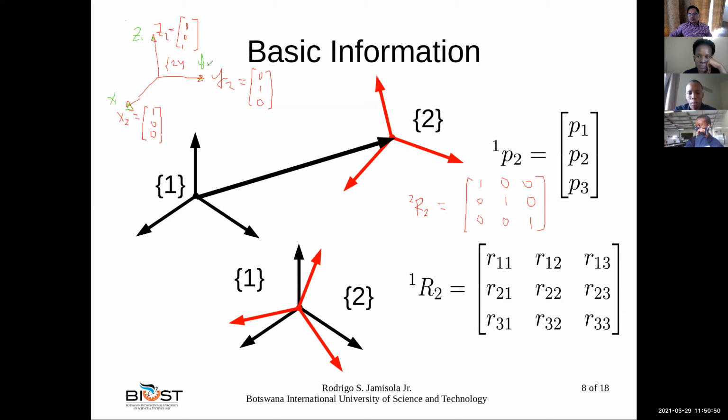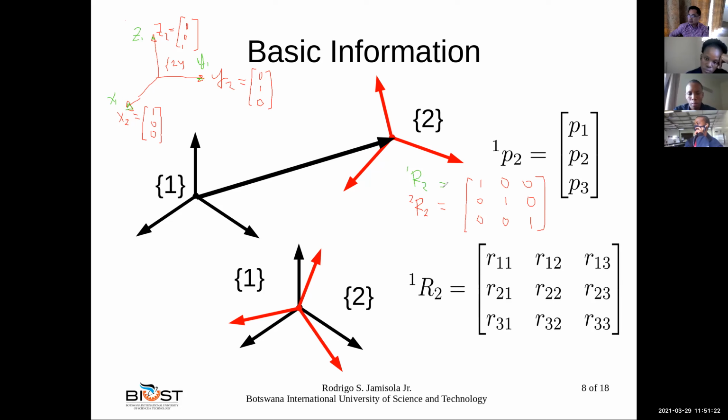If that is the case, then again it will be identity. That means the orientation of frame 2 with respect to frame 1 is identical. They are not rotating. They are identical to each other. There's no rotation.